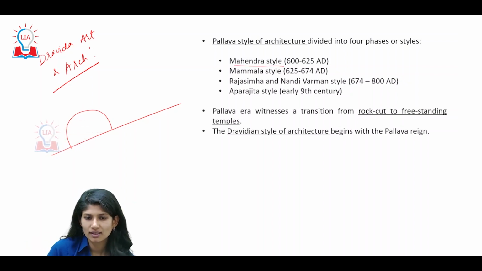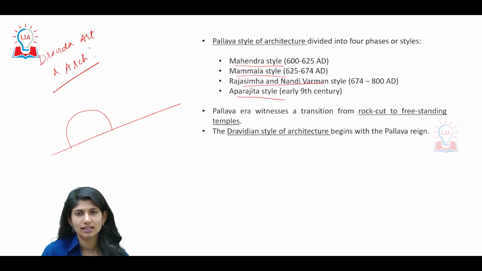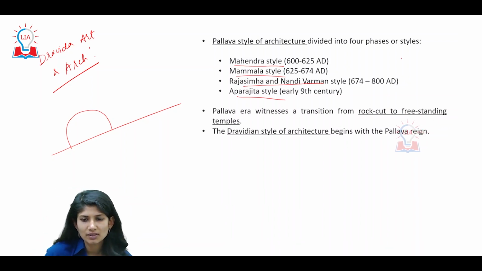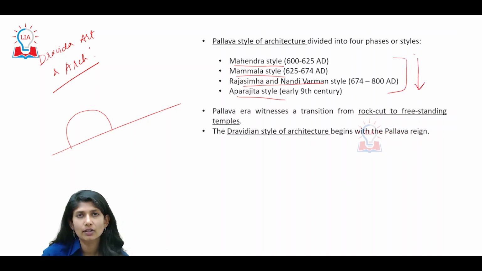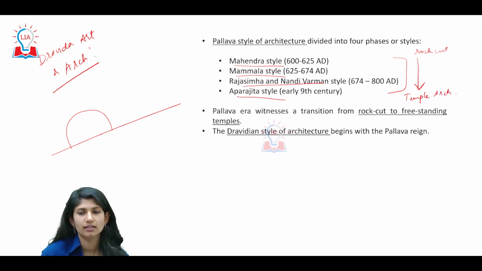One is the Mahendra style, named after the Pallava kings, then the Mamalla style, then the Rajasimha and Nandivarman style, and the Aparajita style. When we say styles, these are the changes required to move from rock cut architecture to modern day Dravida temple architecture.